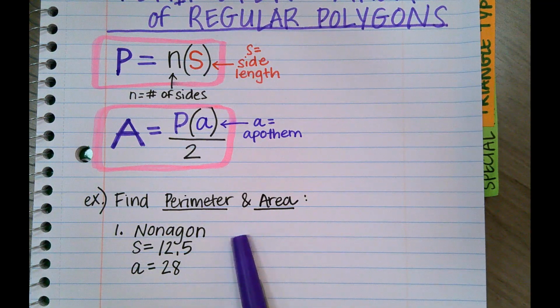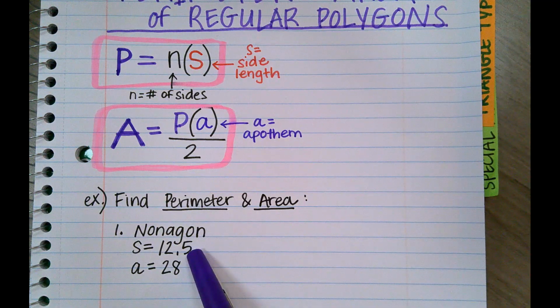To find the perimeter and the area of a nonagon with a side length of 12.5 and an apothem of 28.